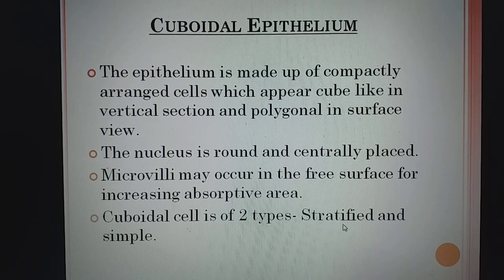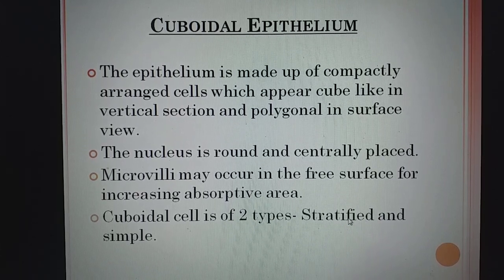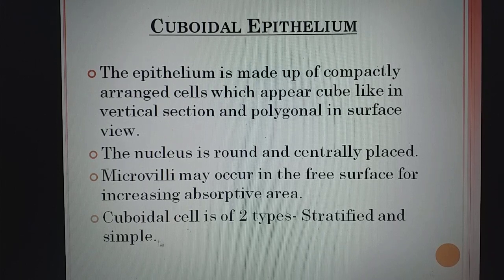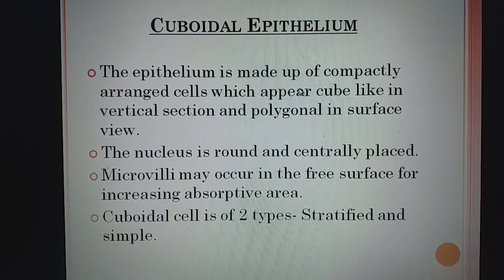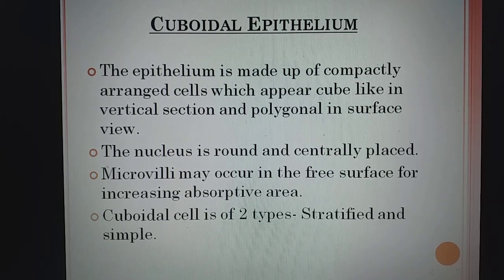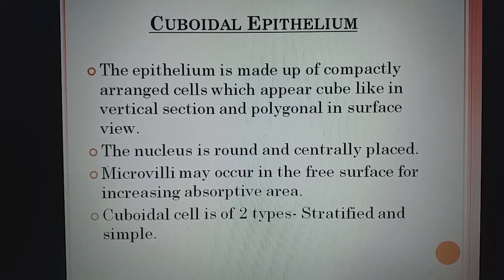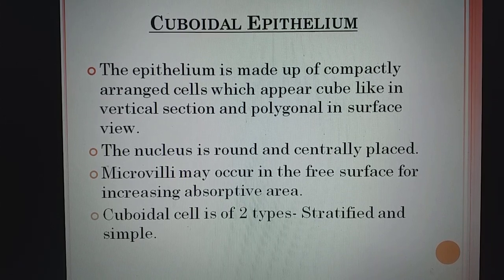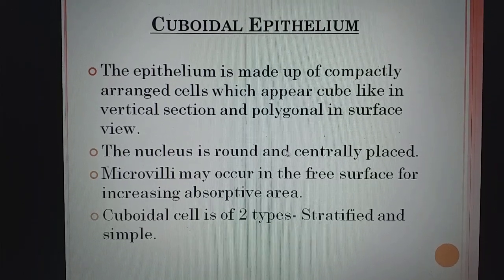Stratified means made up of more than one layer and simple means made up of one layer. This tissue can be easily recognized because the shape of this tissue is cube-like. When you see this shape under the microscope, you will very well recognize this type of tissue.